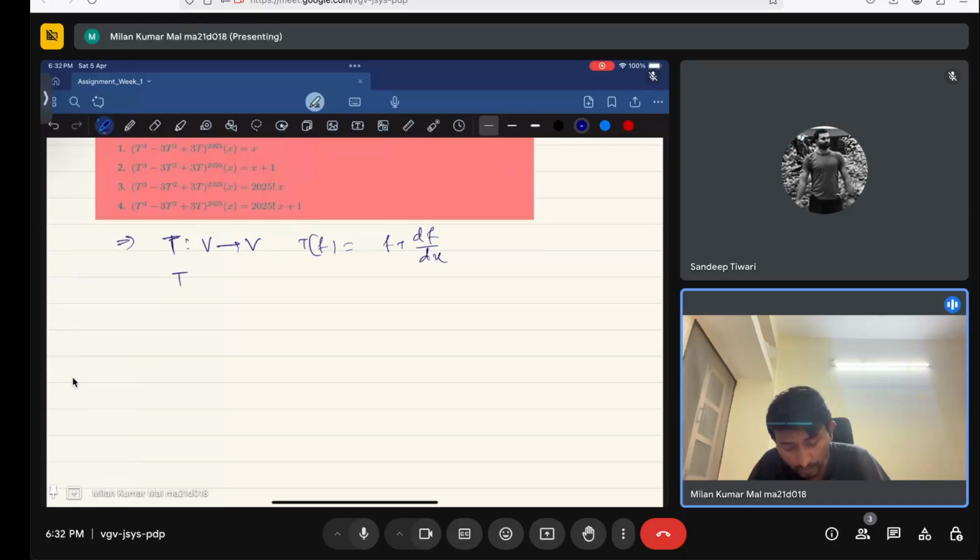So T will map 1 to 1 plus the derivative of 1 with respect to x, which is 0, so that equals 1. It is better to first write that 1, x, x square is an ordered basis. Note that 1, x, x square is the standard ordered basis.